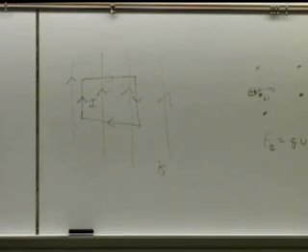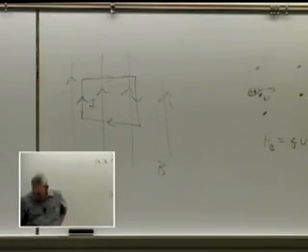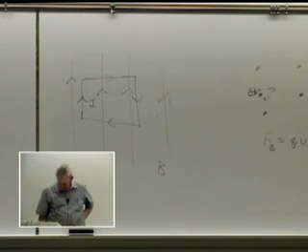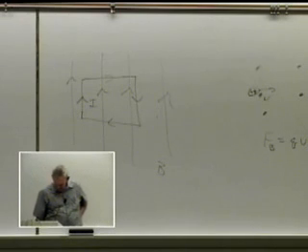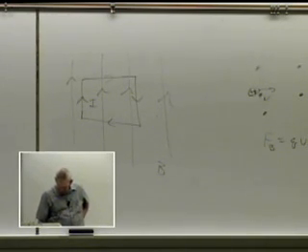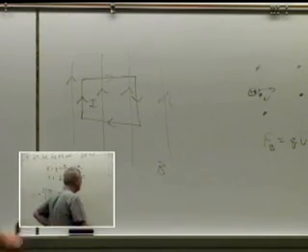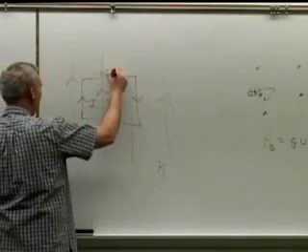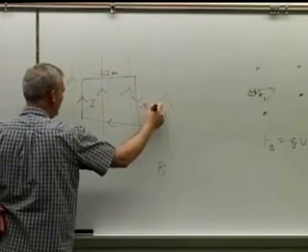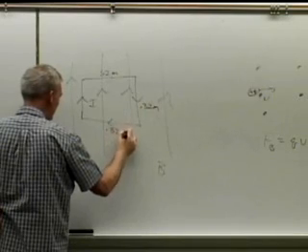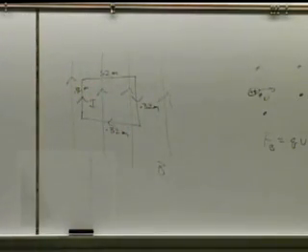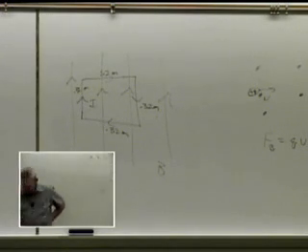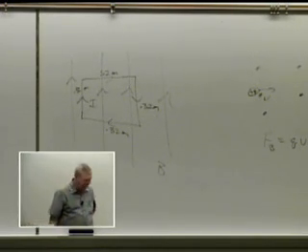And each length of the wire is 0.32 meters. So this is 0.32 meters, 0.32 meters, 0.32 meters, and this is 0.32 meters. And B, for mine, is 0.25 Teslas.